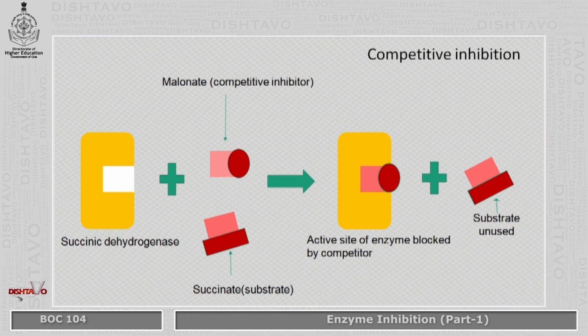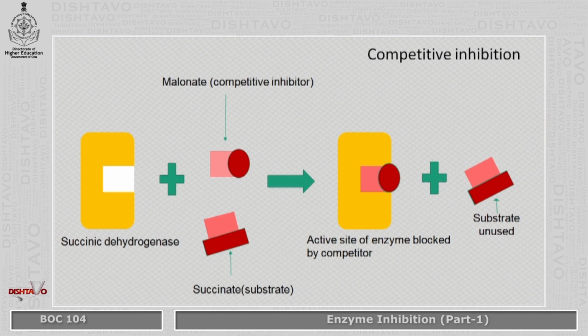Now coming to the competitive inhibition. What is this competitive inhibition? In this type of inhibition, the inhibitor shows the structural similarity with the substrate. As the inhibitor shows the structural similarity with the substrate, both of them compete for the active site of the enzyme. Inhibitor as well as substrate, both of them are going to compete to bind to the active site of the enzyme.